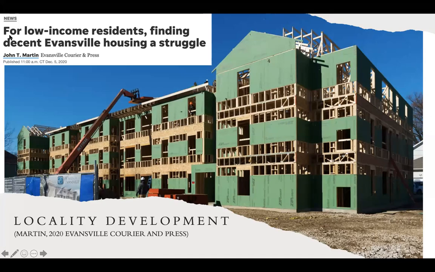A lot of the housing that is available to low-income residents is in really bad condition, or there's just not enough units of affordable housing available for people who need the extra government assistance. Community members have been aware of this for a while, and it's been brought up over and over again.